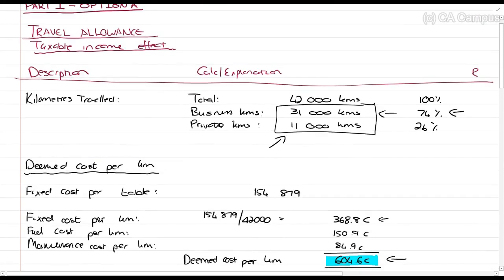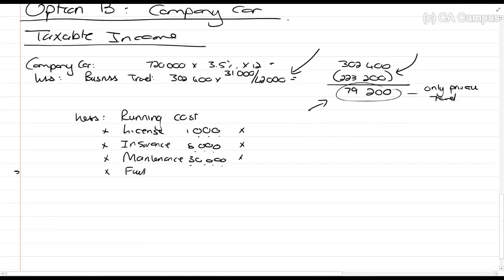So we can take the private kilometers, 11,000, over the total, 42. Right, so 11 over 42, 11 over 42. You get what I'm doing there. So that's 262, 2095, 7875.